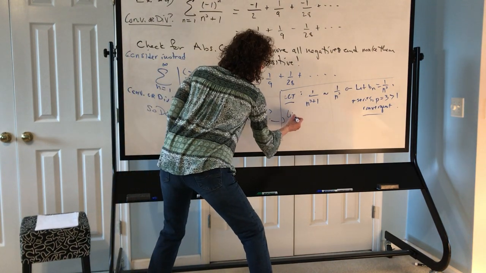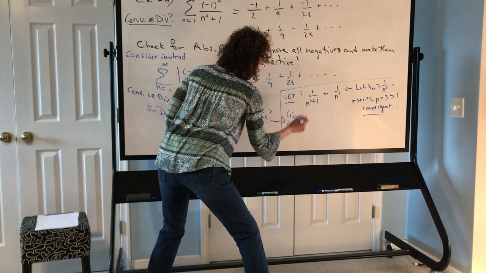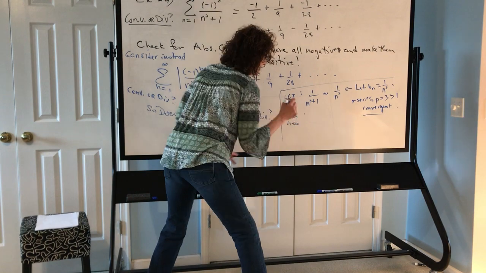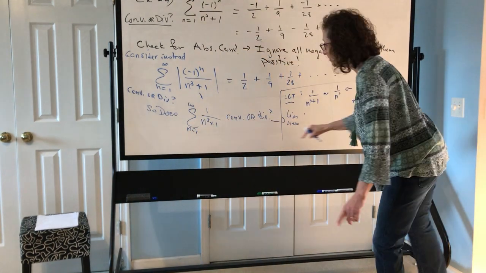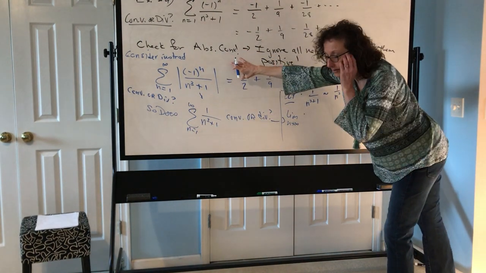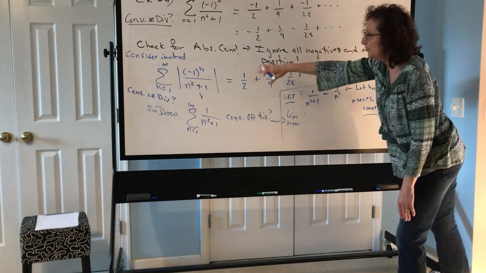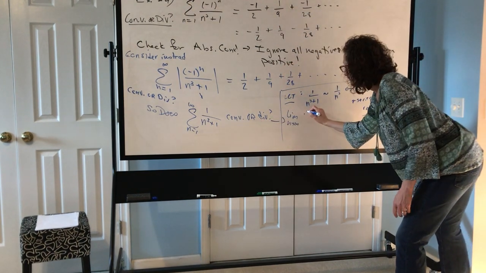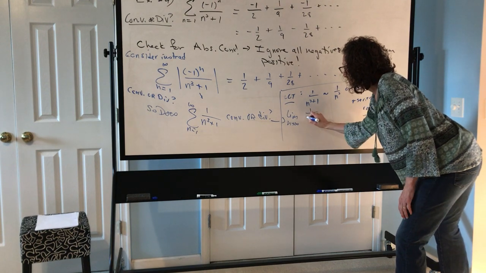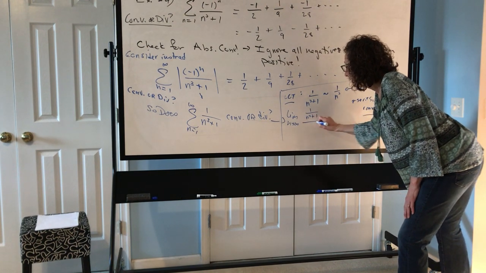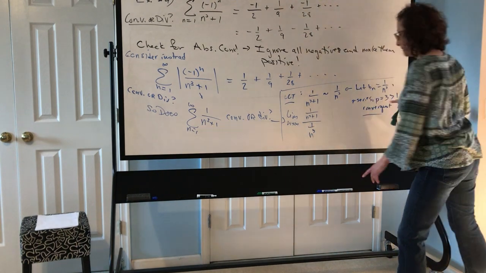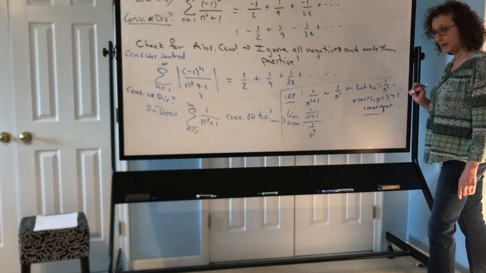I take the limit as n goes to infinity of an over bn. I don't care at all about the original problem, which had negatives. I'm looking at this series, so my an is 1 over n cubed plus 1, and my bn is 1 over n cubed. That's what I'm setting up for the limit comparison test.